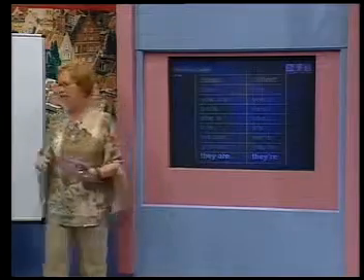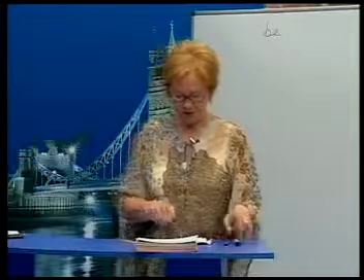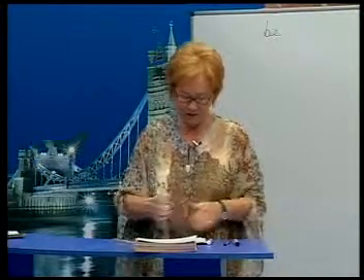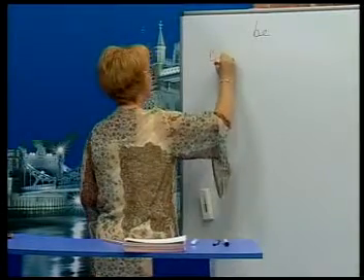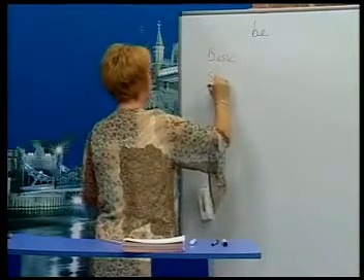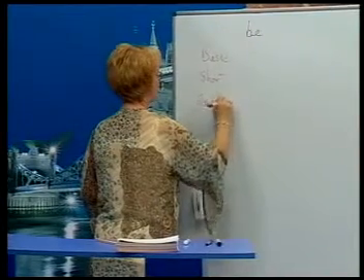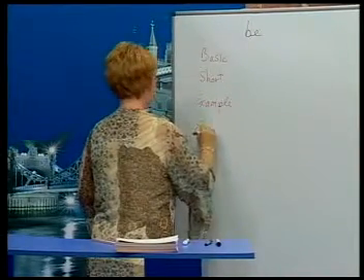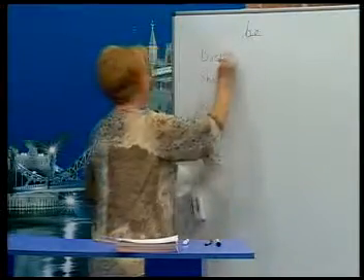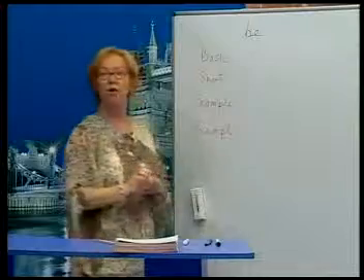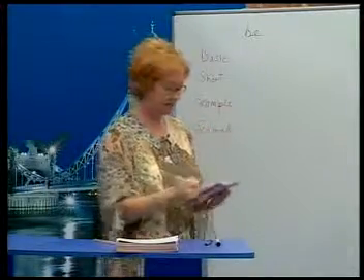Now, we're going to change it a little bit. And we're going to do a lot. Here we go. First of all, basic, short, and 2 examples. Okay, now what we're going to do is make sentences with adjectives.